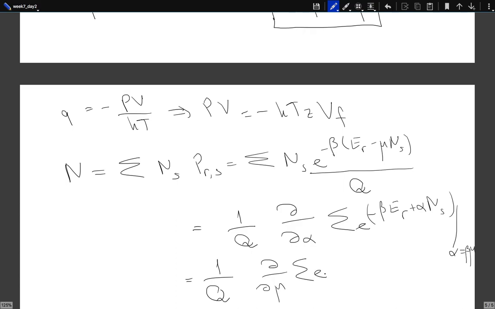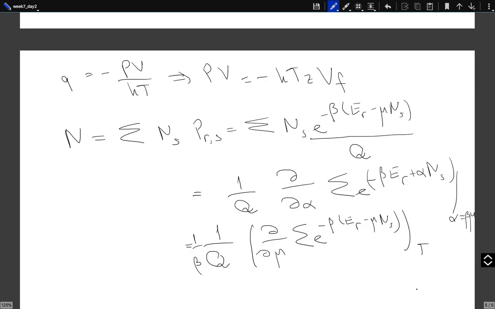Well, when I take the derivative with respect to mu, it brings down this factor Ns, but also it brings down this beta, so let me divide by beta. And again, this derivative is evaluated at constant temperature. So I can just take it out of the derivative with respect to mu.